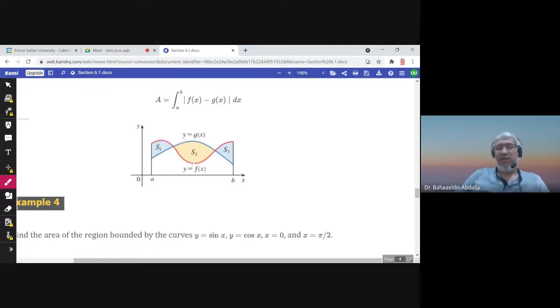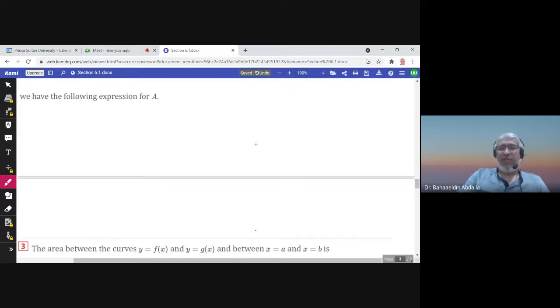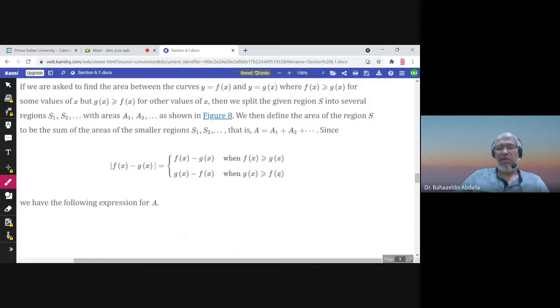So in this case, the area would be the integral of the absolute value of f of x minus g of x. Whenever f of x is greater than g of x, the absolute value would be f of x minus g of x. But if g of x is greater than f of x, we take g of x minus f of x.